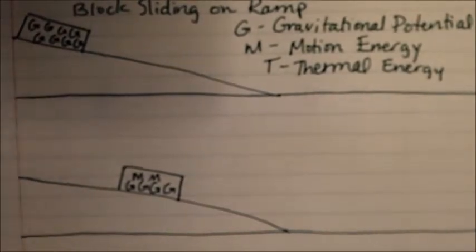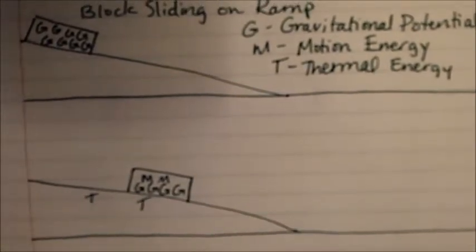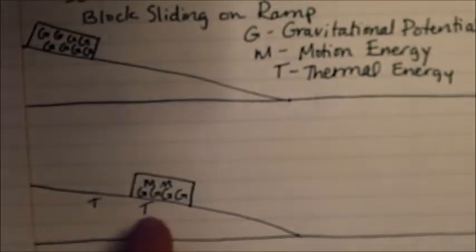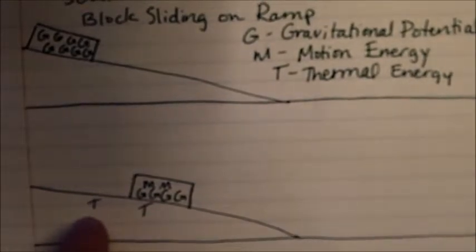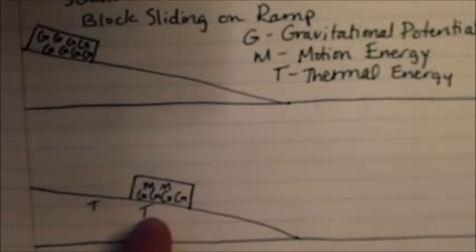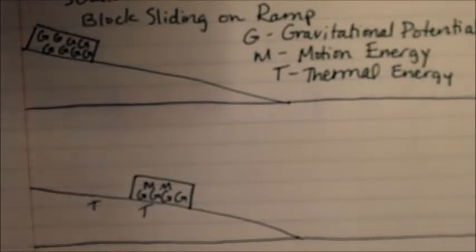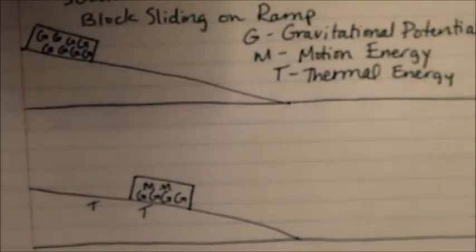And so that's actually how the block seems to lose energy. So we're going to go ahead and put some thermal energy back on the ramp here. So the thermal energy gets dissipated out. It basically falls out onto the ramp, and so we have thermal energy here and thermal energy here, and then again our 2 motion energies and 4 gravitational potential energies.